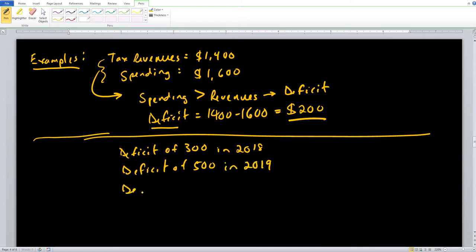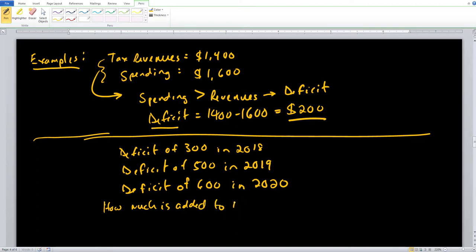And then suppose we have another deficit of $600 in 2020. In this instance, the main conclusion you should be drawing is that when we run deficits year after year, the national debt should be getting larger. So the question that we are going to ask is, how much is added to the national debt?